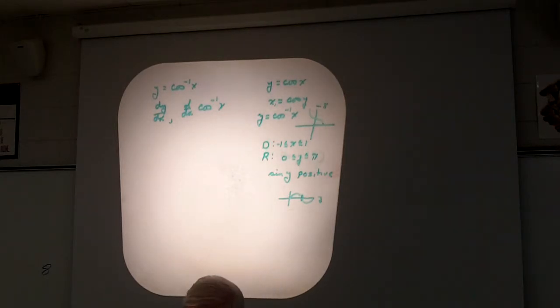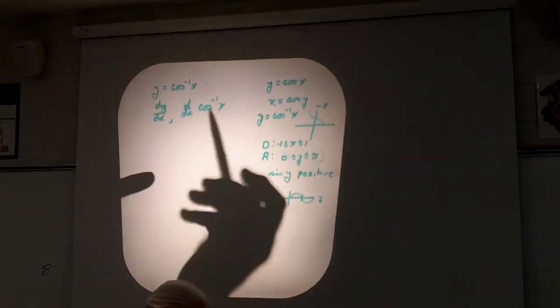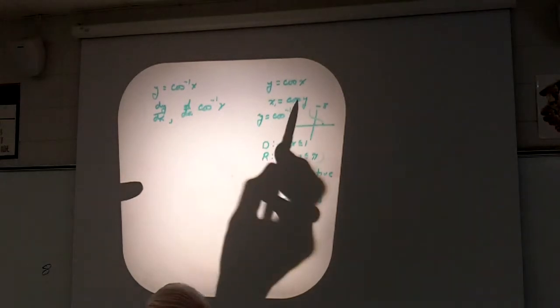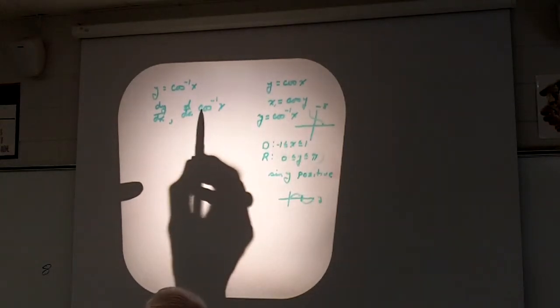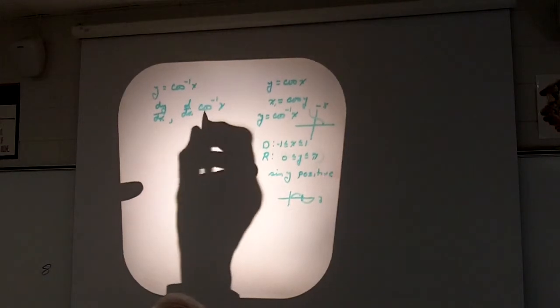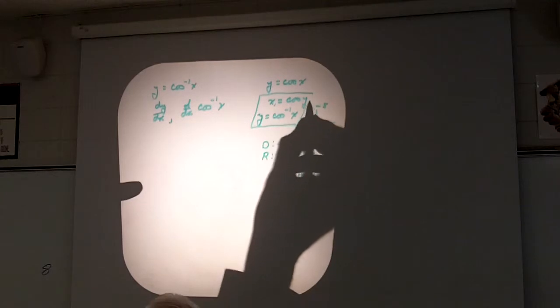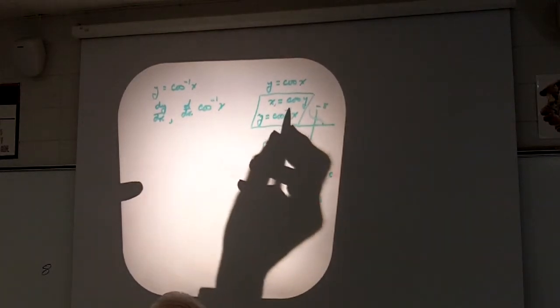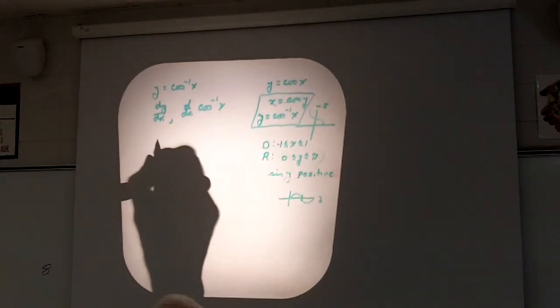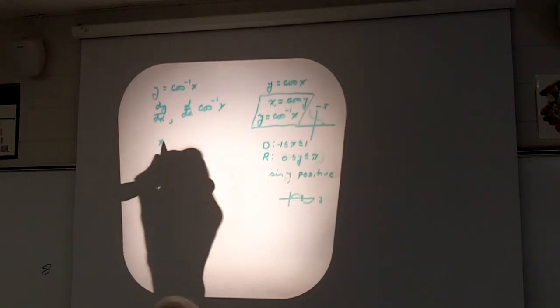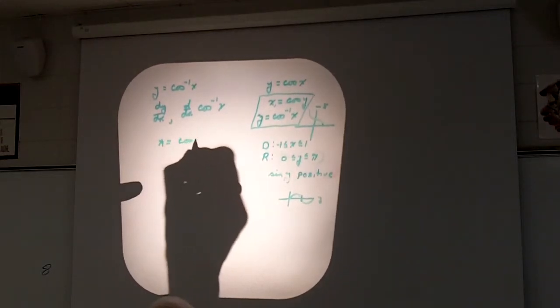Okay, now, we've got this, and this. I'm going to take this right now and do implicit differentiation. This here is like this. You see, these two are the same thing, just a different way to write it. And so I'm going to take that for this, and I'm going to make that x equals cosine y.